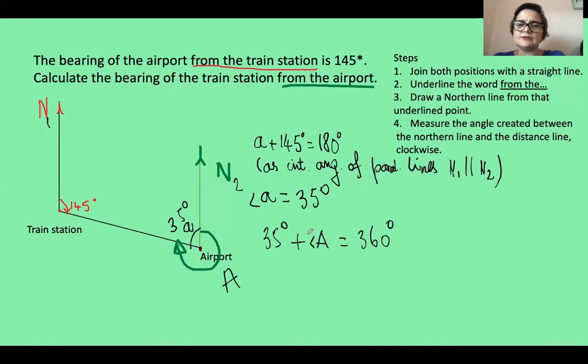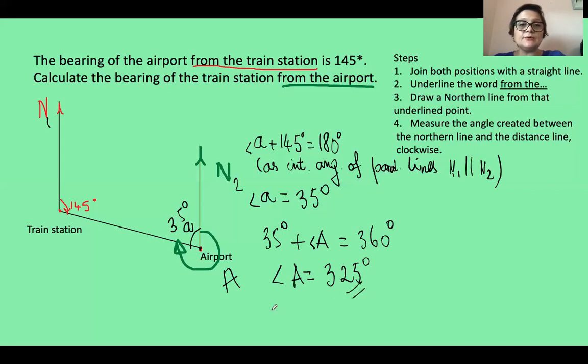You can add the sign of the angle as well. And so that makes angle A, if you take away 35 from both sides, 325 degrees. So this is how you calculate this angle without needing the use of the protractor. So 325 degrees, here it is.